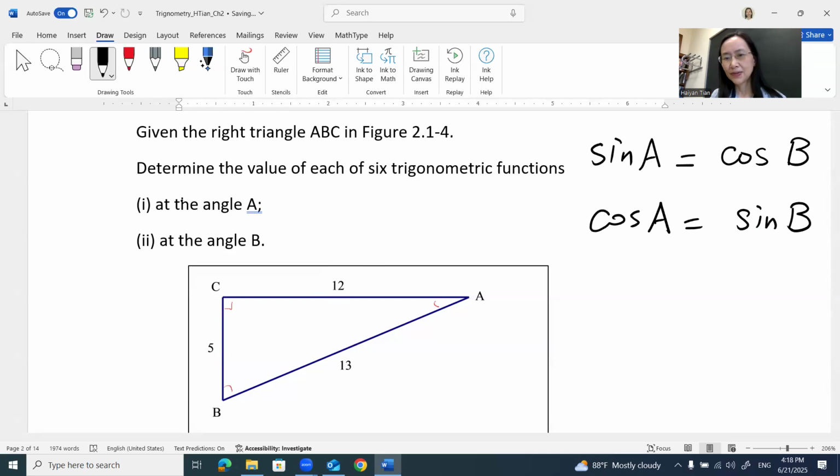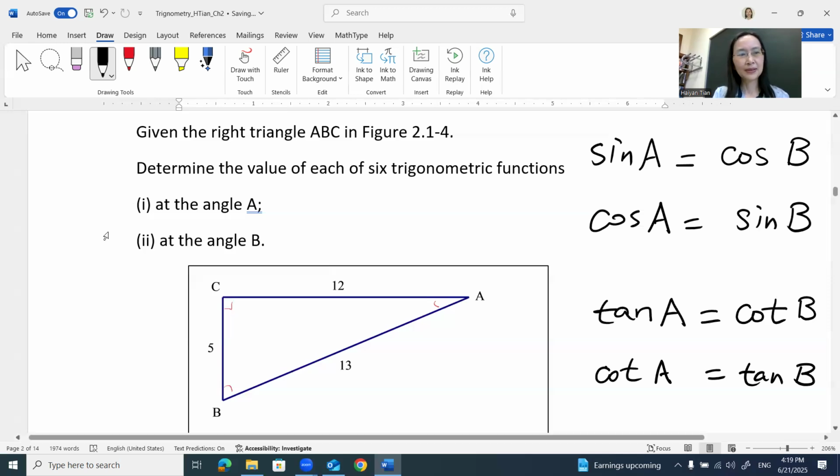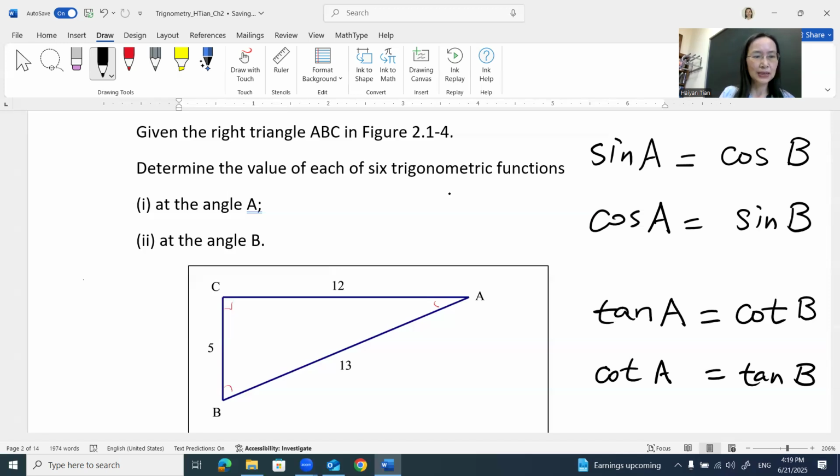And the same thing is true for tangent. So tangent of A is the cotangent of B. Or in other words, cotangent A is tangent B. And secant, cosecant, it's also true.